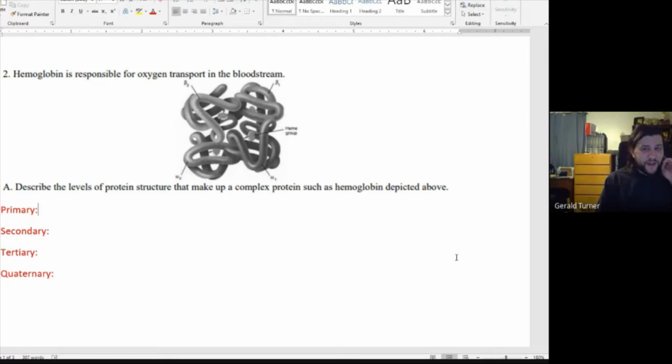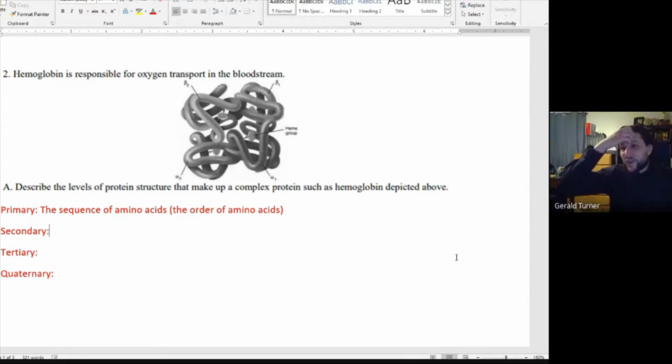And I heard and sensed the cringe from a great distance going back over this. So, primary structure, that is going to be the sequence of amino acids. Another way that you can put that is you could say it's the order of amino acids.